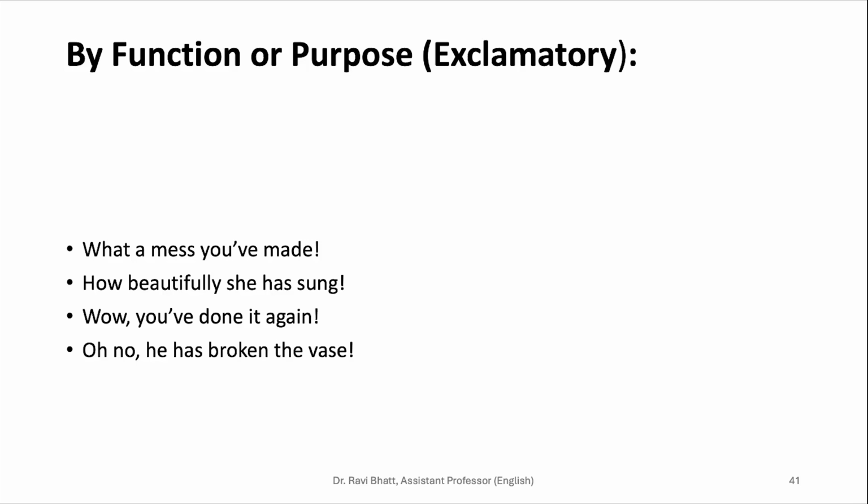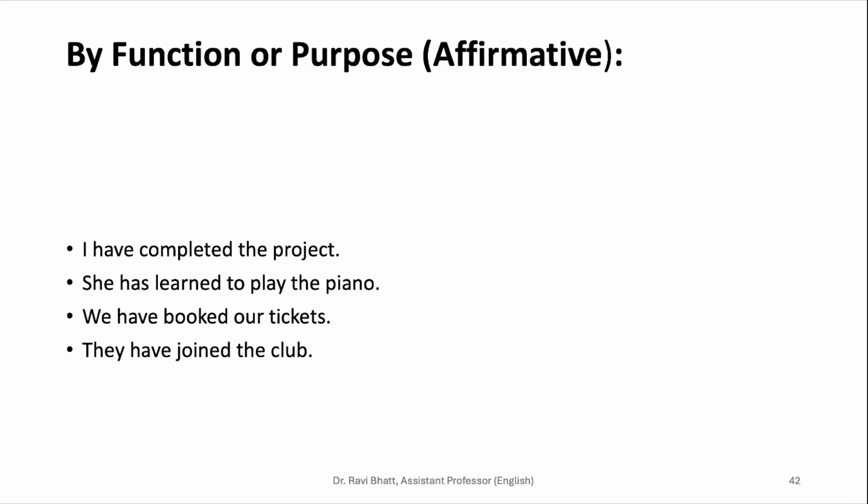Okay, by the structure of it, we can very well say that a person is annoyed by something, or maybe by the mess or by the disorderly things that they can see right now. So they are saying what a mess you have made, and they're certainly not asking a question, rather they are making a point. And since this is followed by an exclamation mark, this tells us decisively that it is an exclamatory sentence.